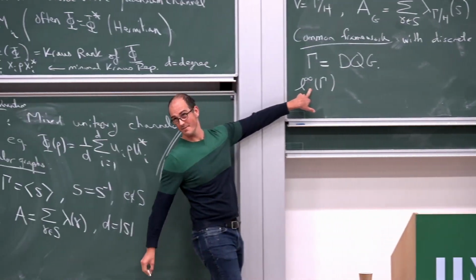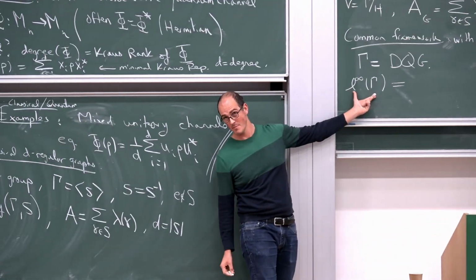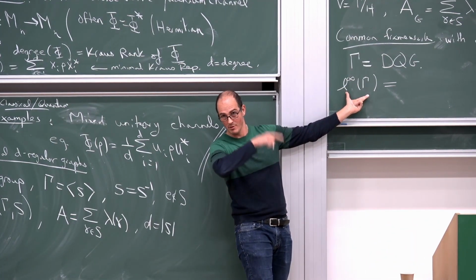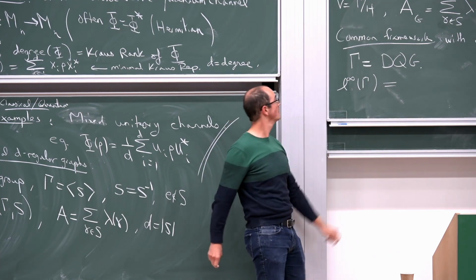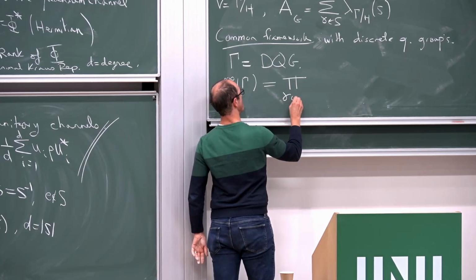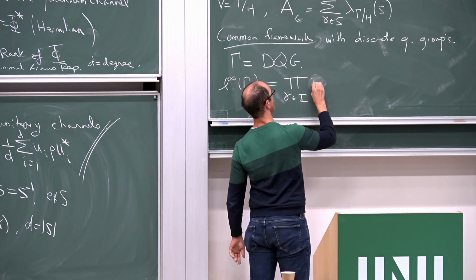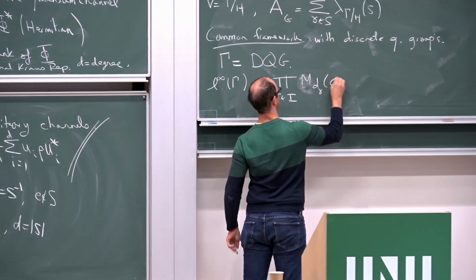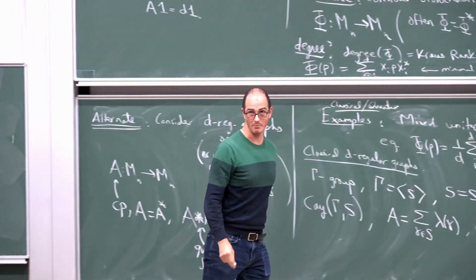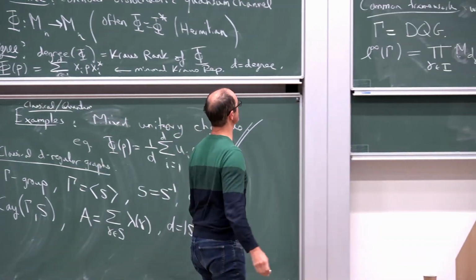L infinity of gamma is usually just a direct sum of one-dimensional spaces, one fiber associated to each point. But now we allow each fiber to be a matrix algebra. So I consider the bounded direct product of matrix algebras. This is the function algebra associated to a discrete quantum group.